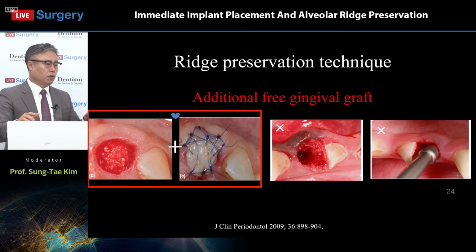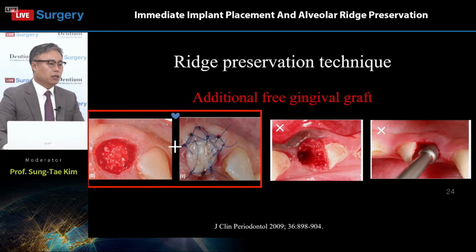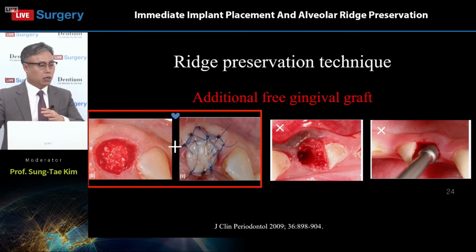Not autogenous bone graft for ridge preservation, because the bone graft has to resorb a little bit slowly. Therefore xenograft or synthetic bone graft is pretty good, and applying the bone graft and covering it with a free gingival graft from the palate is the recommended procedure and shows the best result compared with other techniques.